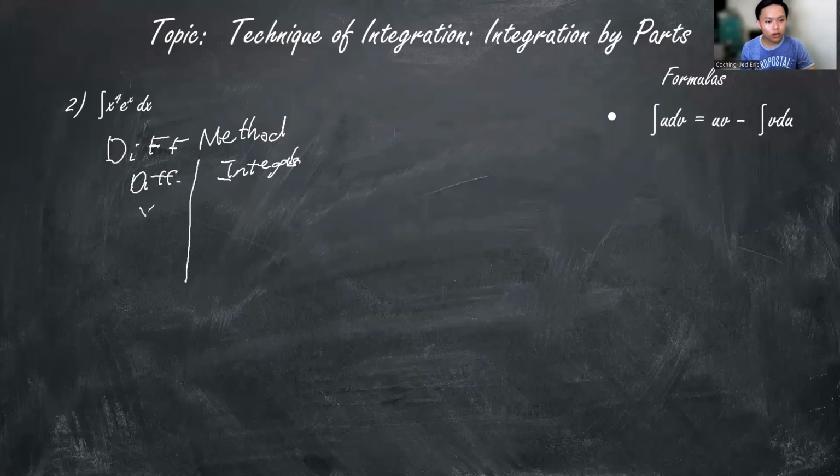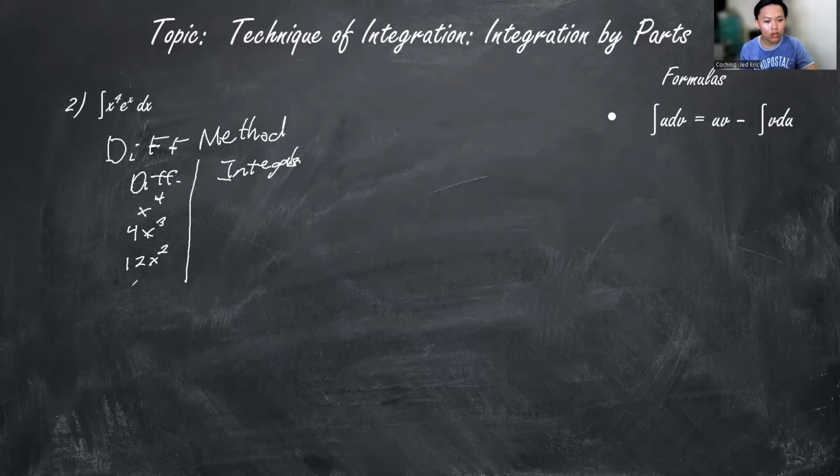And the diff of x raised to 4 is equals to 4x raised to 3. And the differential of this is going to be 12x raised to 2.